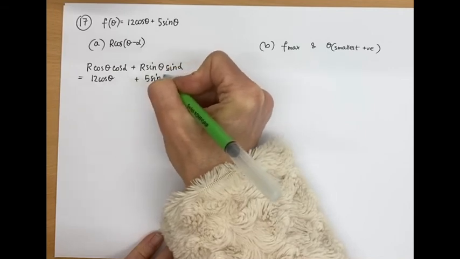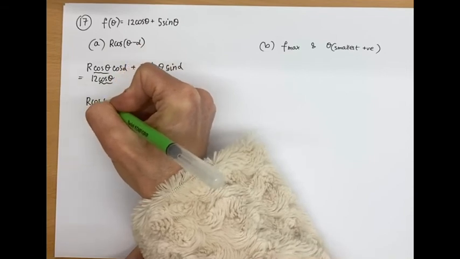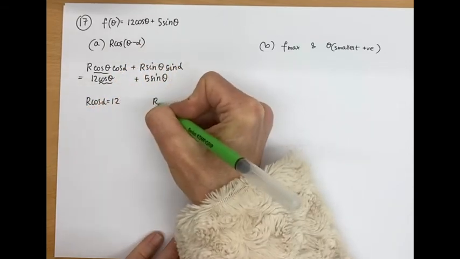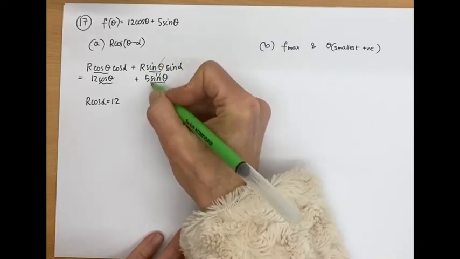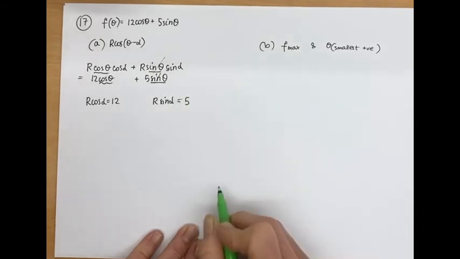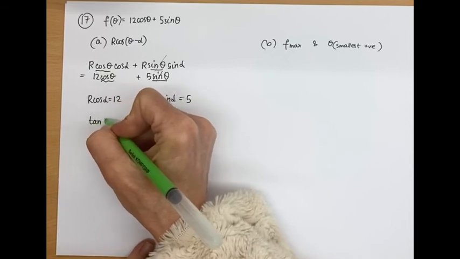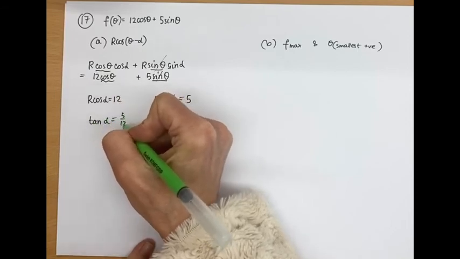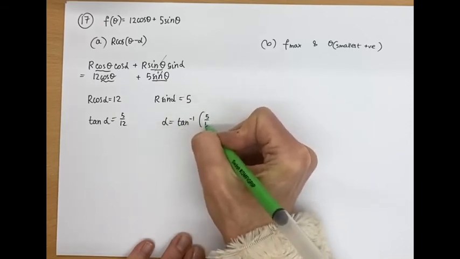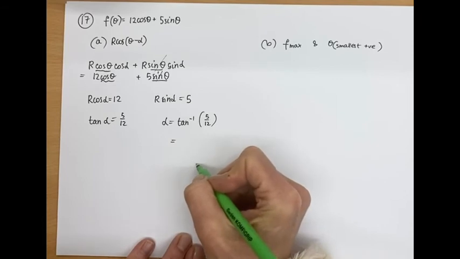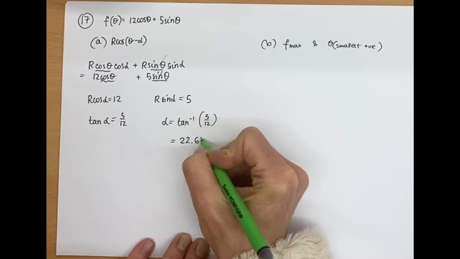There you go. So we've got cos theta over here, so r cos alpha is equal to 12. And r sine alpha, if you think about cos, some people cross it off and then see what's left behind, that's 5. Divide sine by cos to obtain tan alpha. That gives me alpha being tan inverse of 5 over 12, which gives me the angle of 22.6 degrees.